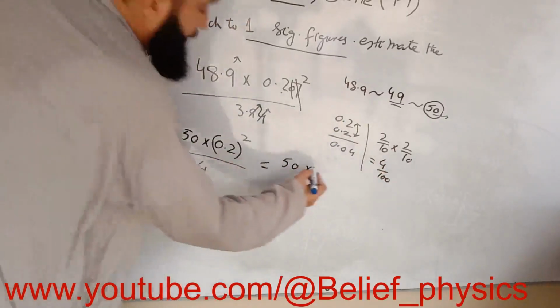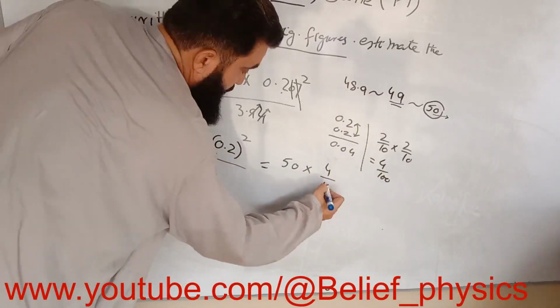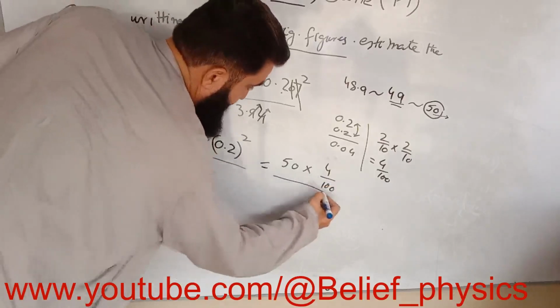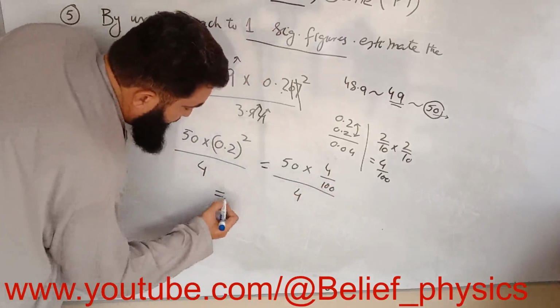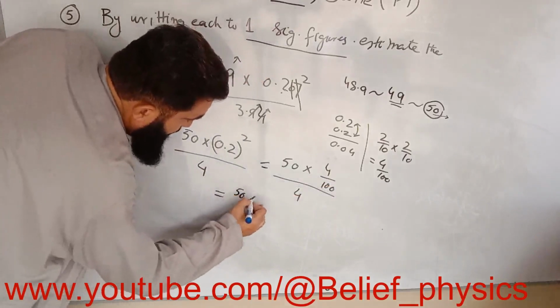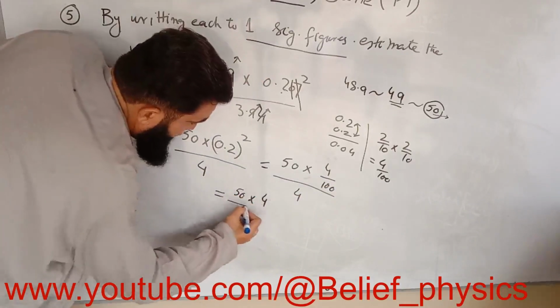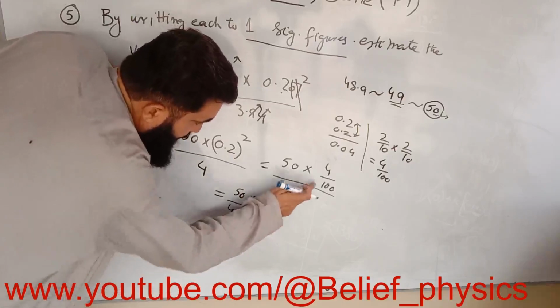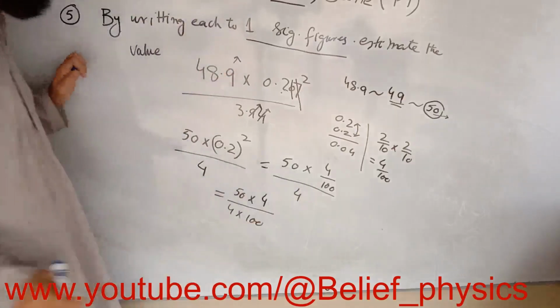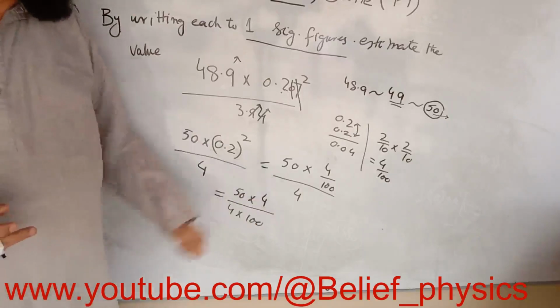So we can write it 4/100. So this will become 50 into 4 divided by 4 into 100. This 100 will be multiplied with this denominator.